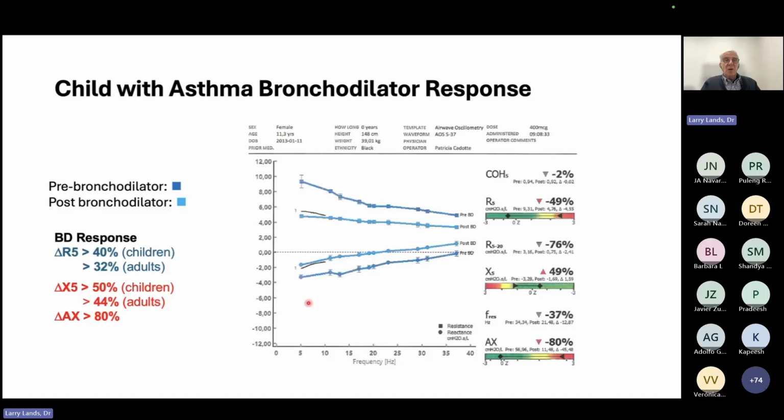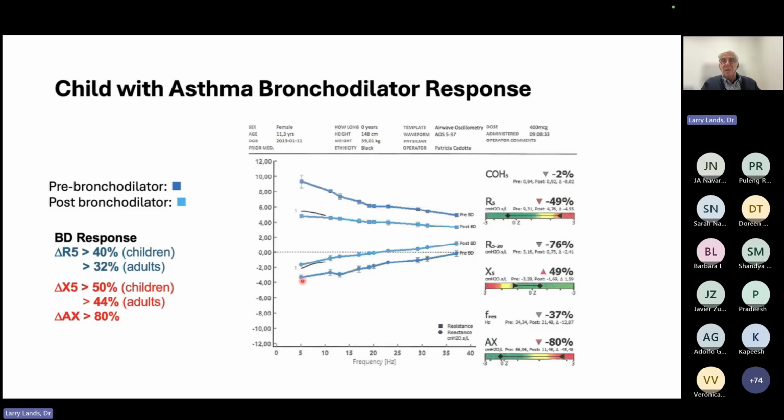Here's a child who responded to bronchodilators, and you can see that there's a nice big decrease in the R5. We actually had a 49% decrease in the R5. We had the X5 go up by 49%.